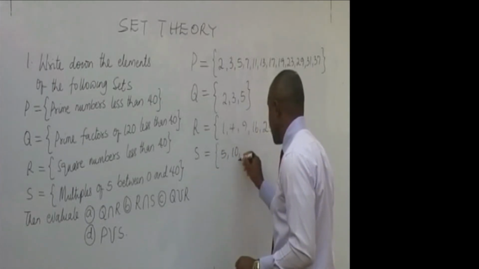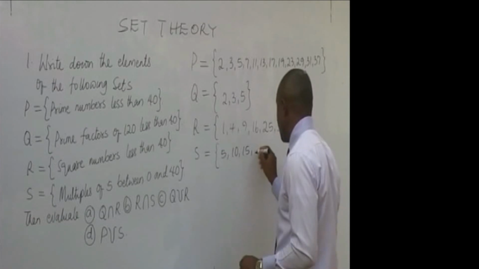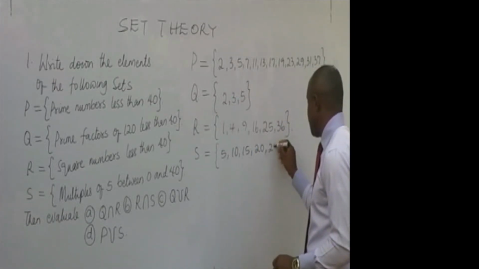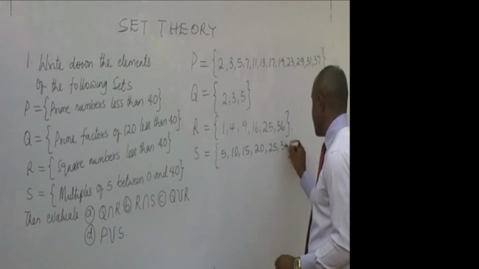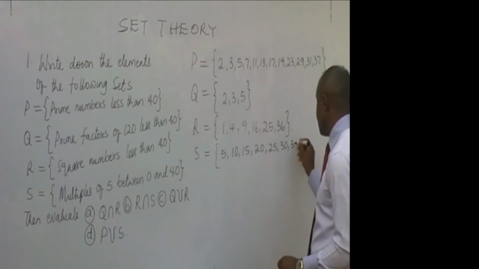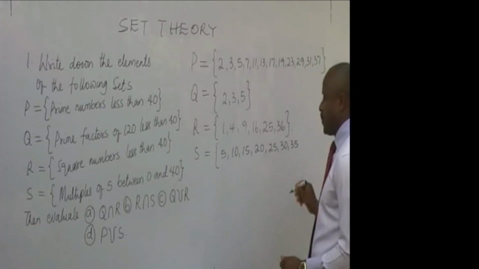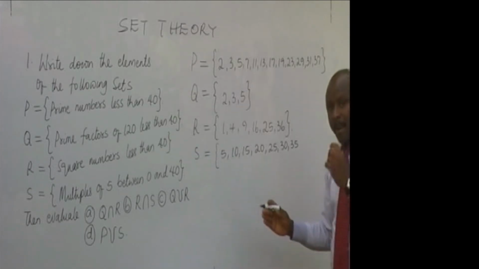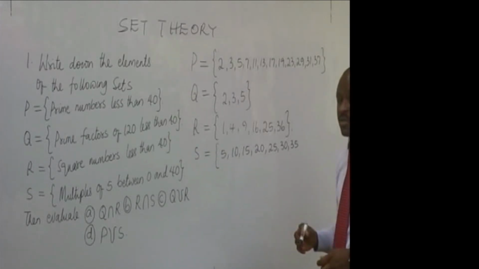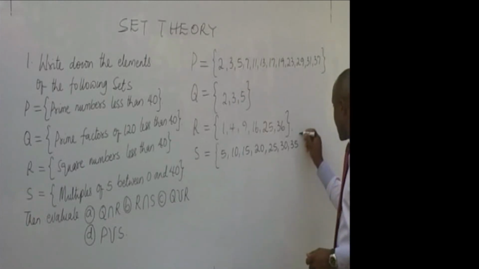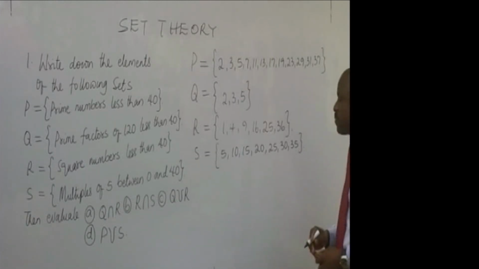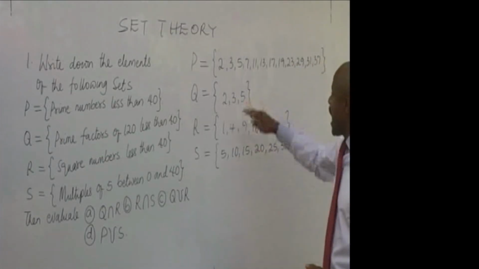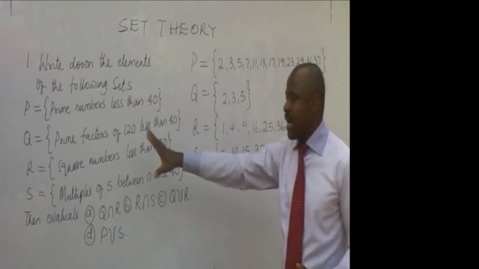The next is 10, 15, 20, 25, 30, and 35. Between 0 and 40, 0 and 40 exclusive. So these are the multiples of 5 between 0 and 40. So these are the elements of the sets as the question has asked.